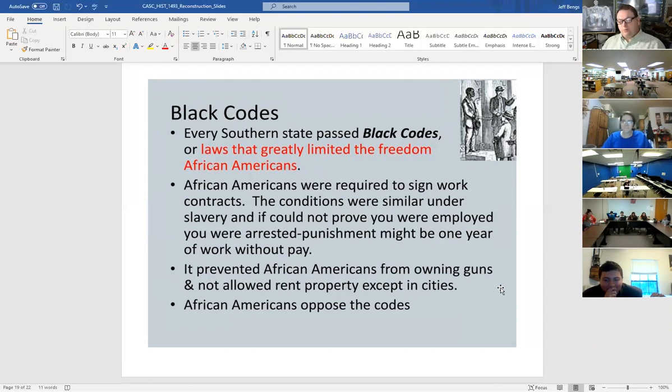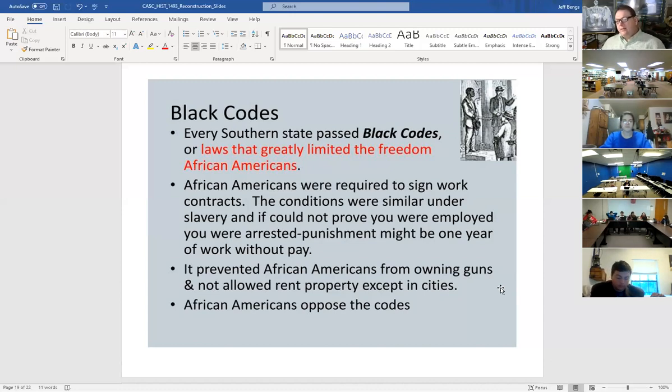Really it was a way to move from, okay, slavery was done away with, but we don't want equality between the African Americans and the whites. So let's make them serfs, basically, which was just a little bit above slaves.